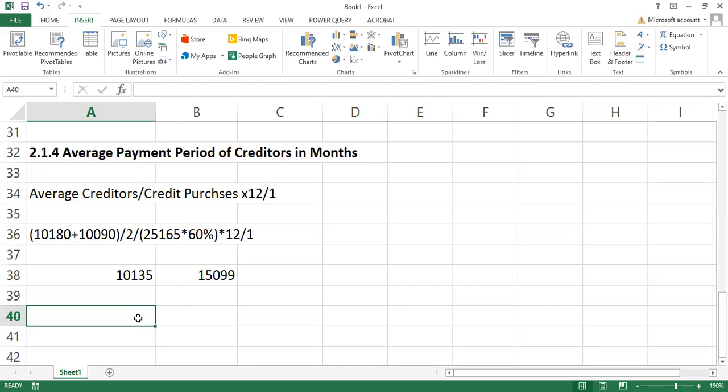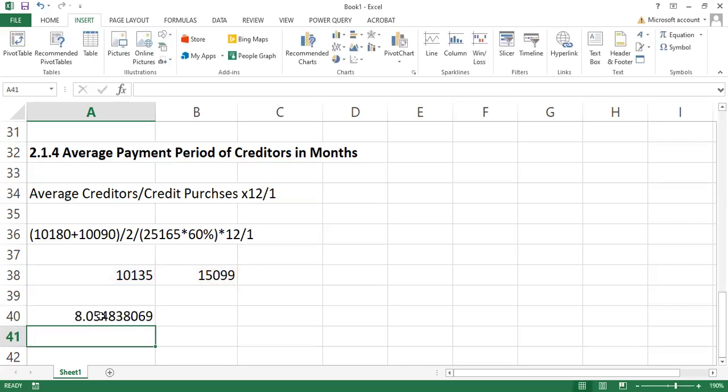Okay, now we are going to say is equal to this amount, average creditors, divided by credit purchases. But remember, I was supposed to put it inside the bracket because I'm still going to use multiplication. I'll say times 12 divided by 1. Let's check.